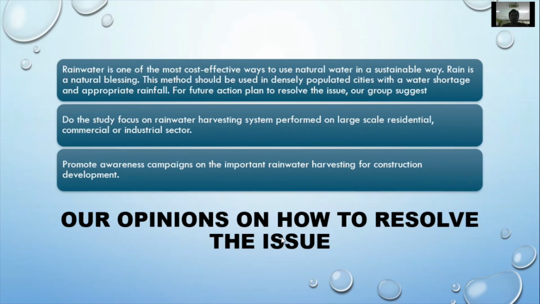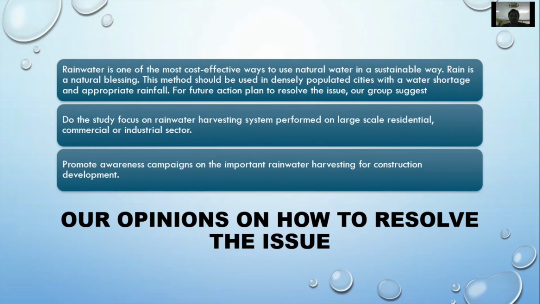What is our opinion on how to resolve the issue? Rainwater harvesting is one of the most cost-effective ways to use natural water in a suitable way. Rain is a natural blessing. This method should be used in densely populated cities with a water shortage and appropriate rainfall.